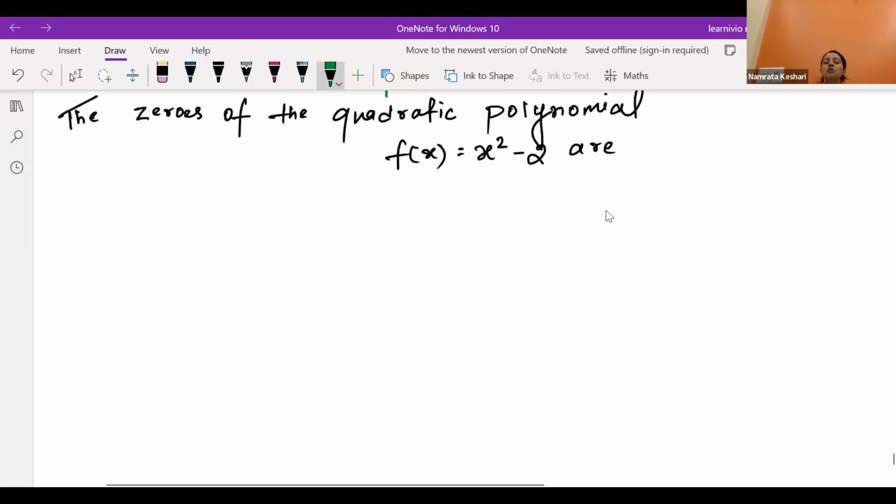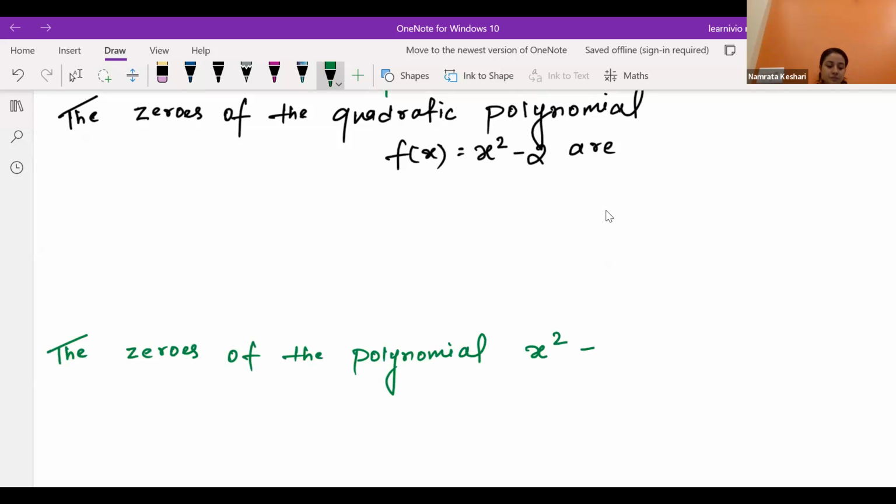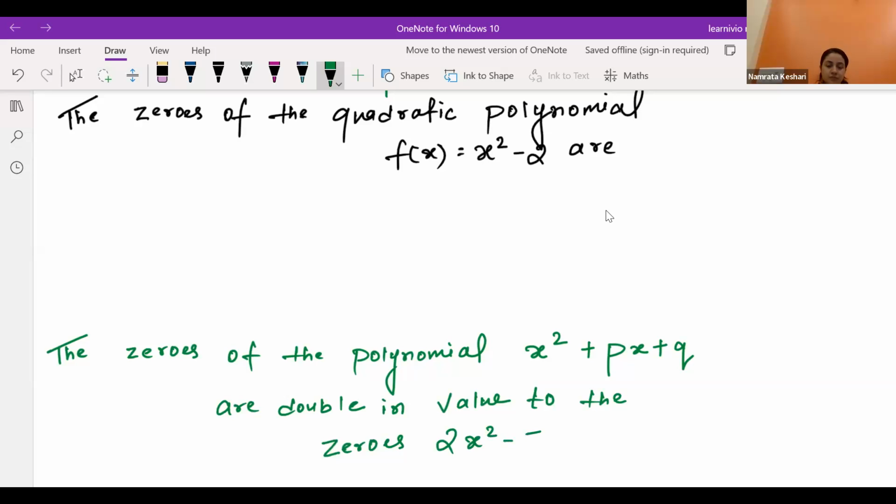Yes, next. The zeros of this quadratic polynomial are root 2 and minus root 2.